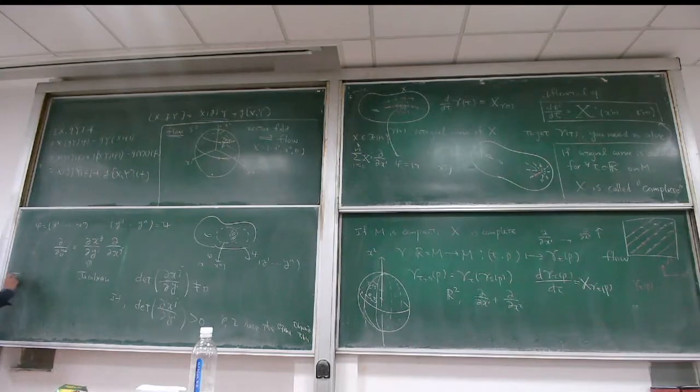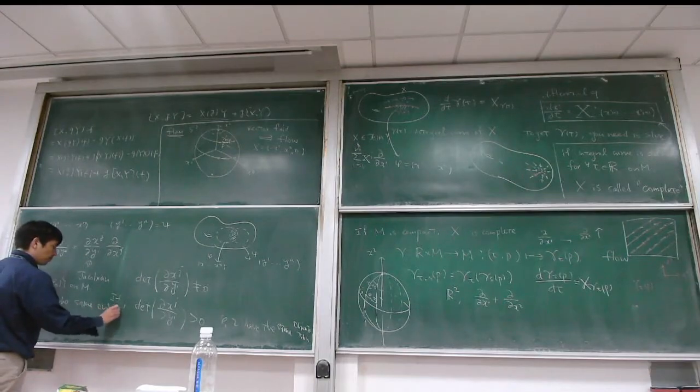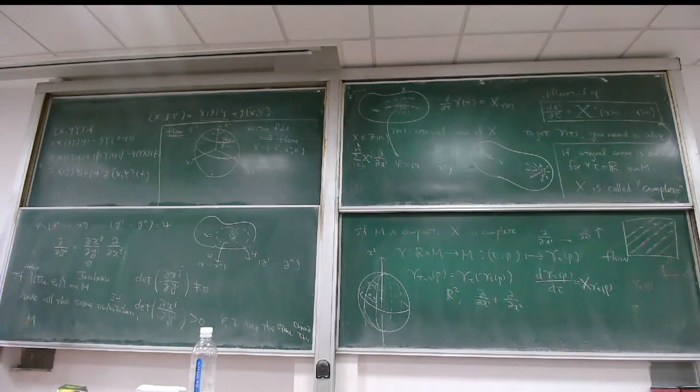If you can find an atlas on M such that all the coordinate charts phi alpha have all the same orientation, then M is called orientable. Otherwise not.